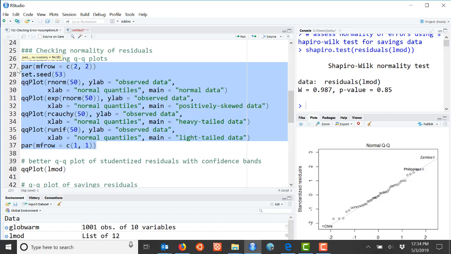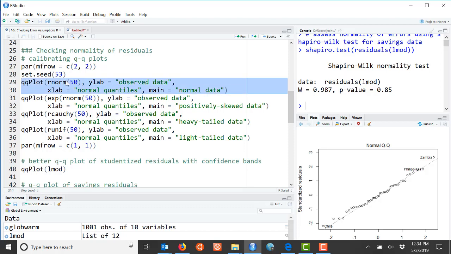You can see here that I created a graphics device with a 2x2 plotting grid. I set my random number seed so that I could get reproducible results. Then I constructed a QQ plot for 50 observations randomly sampled from a normal distribution, 50 observations sampled from a log normal distribution, which is an example of a positively skewed distribution, 50 observations randomly sampled from a Cauchy distribution, which is a heavy-tailed distribution, and 50 observations randomly sampled from a uniform 0-1 distribution, which is an example of a light-tailed distribution.